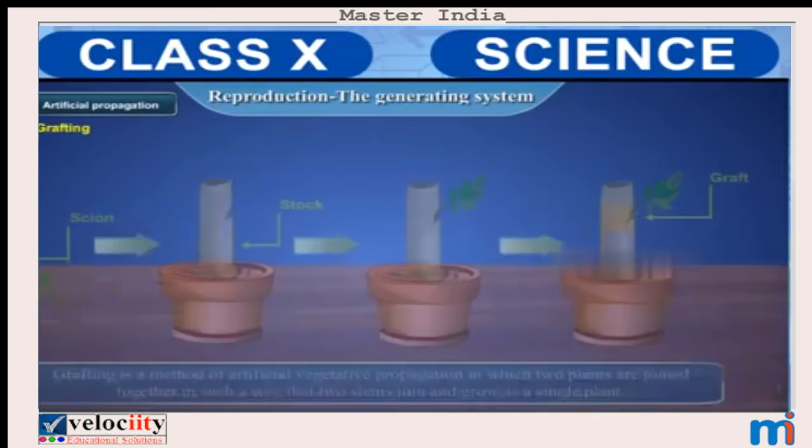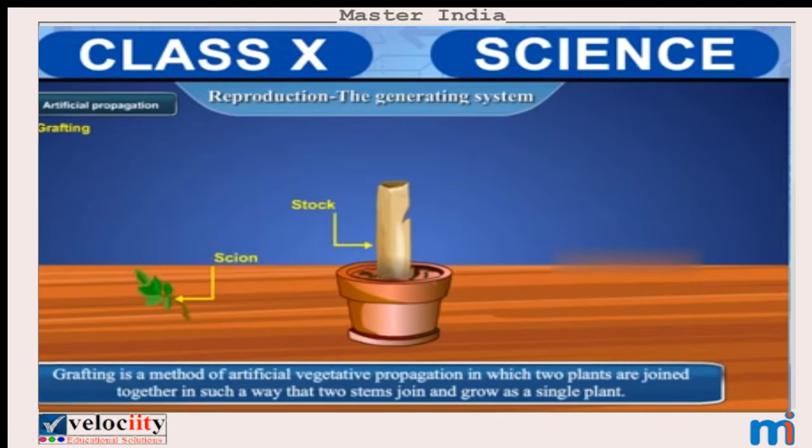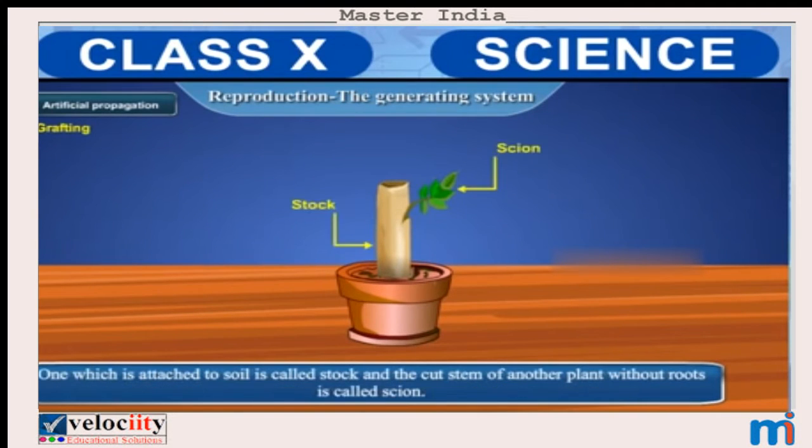Grafting. Grafting is a method of artificial vegetative propagation in which two plants are joined together in such a way that two stems join and grow as a single plant. The one which is attached to soil is called the stock, and the cut stem of another plant without roots is called the scion.